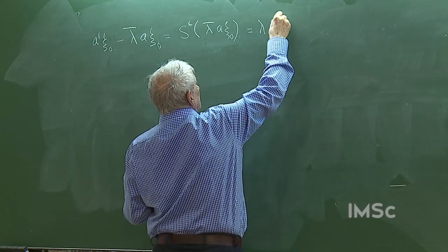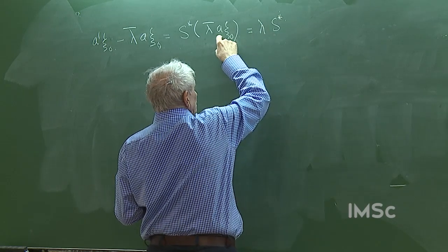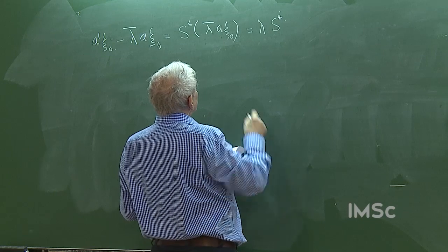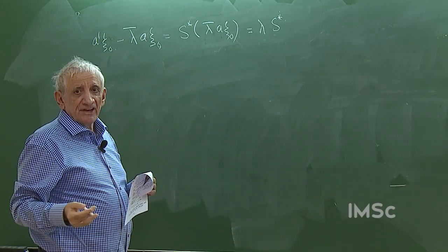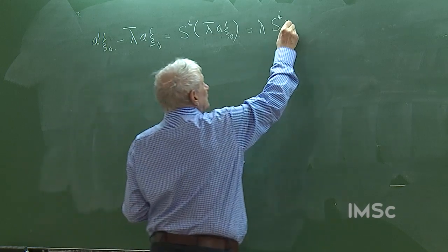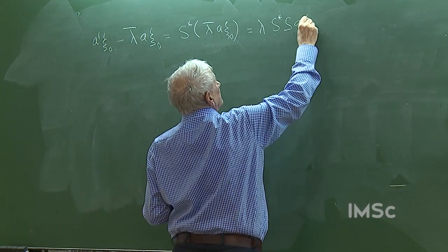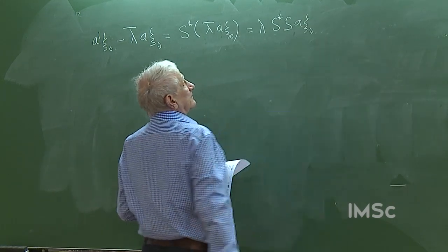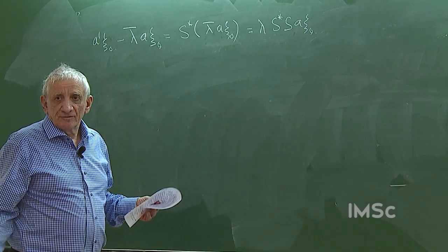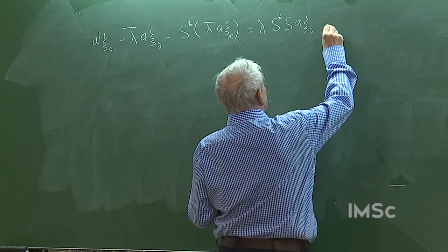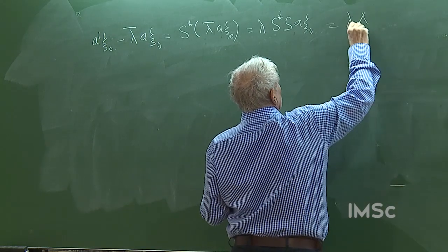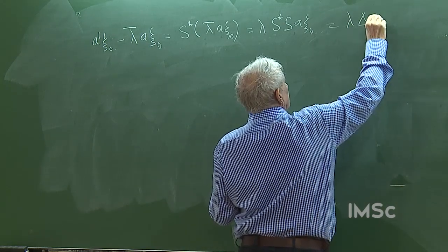S star, A is positive, so instead of A I can write A star. And if I write A star, I can put S of A psi naught. It's the same as A psi naught. So this is lambda delta A psi naught.